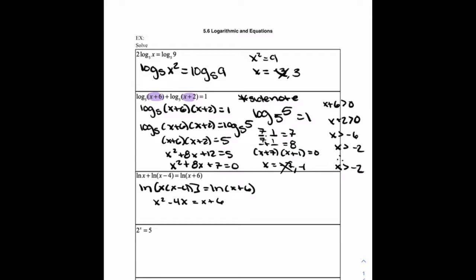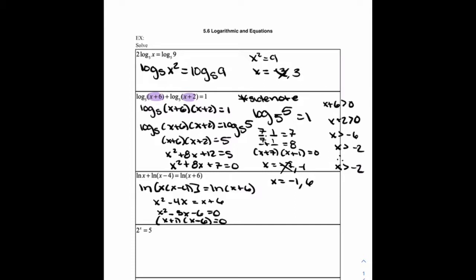Put all of your variables and coefficients on the one side. So x squared minus 5x minus 6 equals 0. We're going to factor and get x plus 1 times x minus 6 equals 0, which means x equals negative 1 and 6.